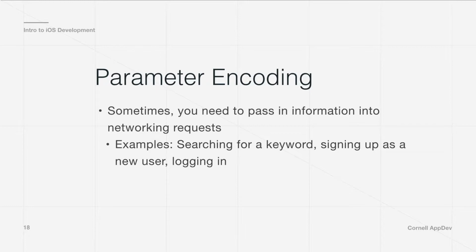Or another example is maybe you're signing up as a new user, so you have to provide your personal information like your email address, your password, your first name and last name. Or when you're logging in, you also need to pass in your username and password. So these are all examples of sending in parameters to a network request, kind of like how you have to send in parameters to a function locally in Swift.